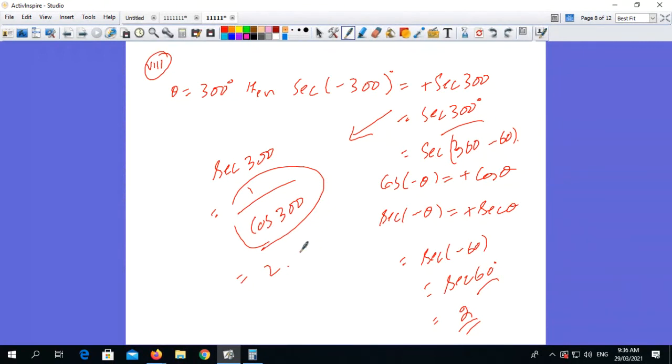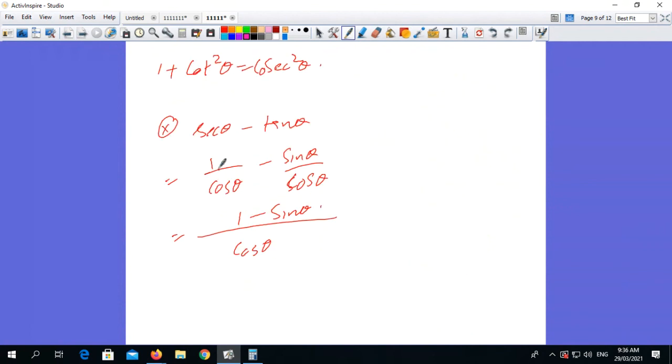Cos 60 means 1 by 2, and it becomes 2. The answer is 2.